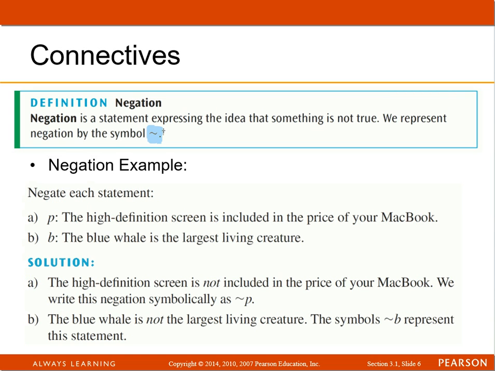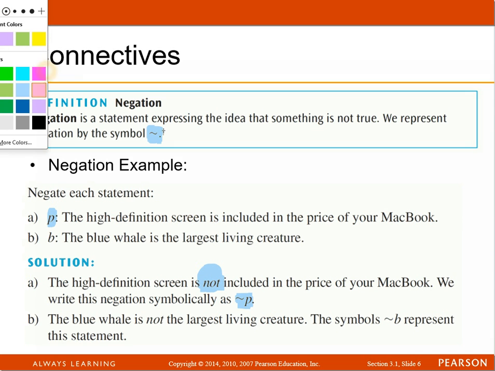So let's see. Part A says, the high definition screen is included in the price of your MacBook. If you want to negate that, you would say that the high definition screen is not included in the price of your MacBook. And they're letting P represent that statement. So if you want to include the word not, you need to include a negation symbol in front of the P. And then the same thing for the next one.